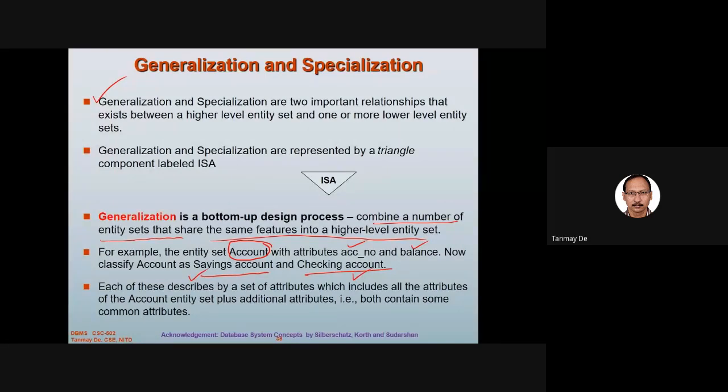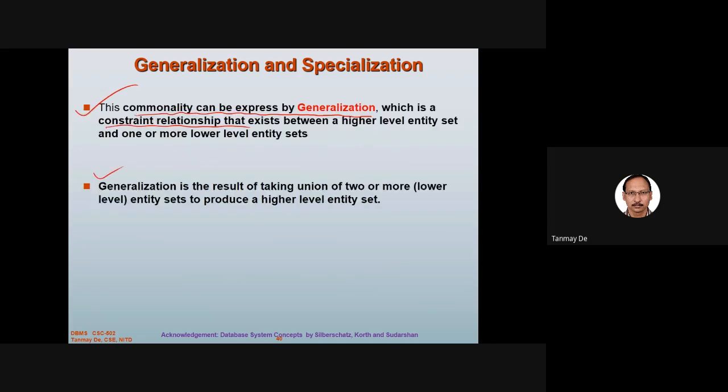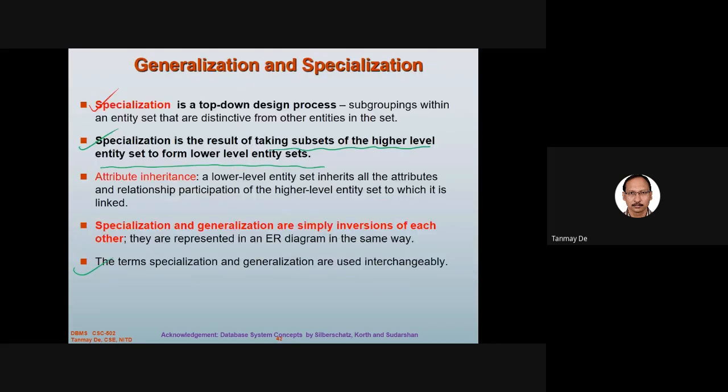And specialization is the top-down approach, from higher level to lower level, where there is a subgroup or subset within the entity set that is distinctive from the other entities in the entity set.